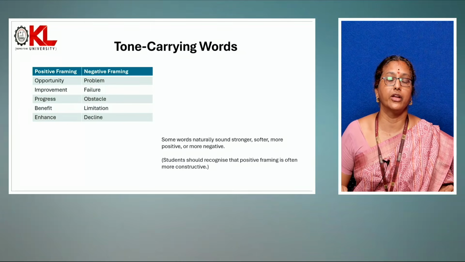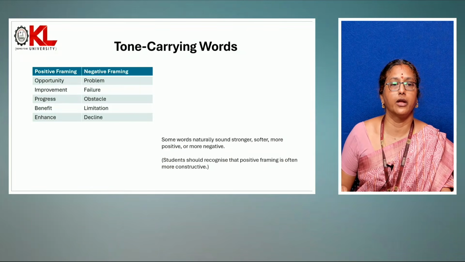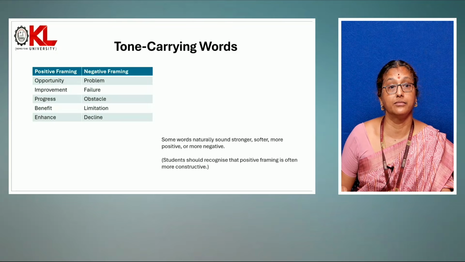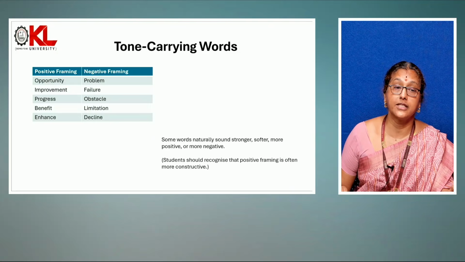Now, tone carrying words. Positive framing and negative framing. Positive framing, opportunity. Negative framing would be problem. If you want to say something is a failure, positively say improvement is required rather than saying a problem. Rather than saying a failure.